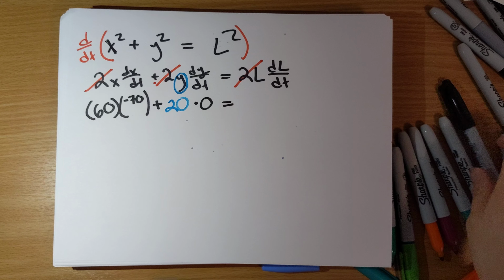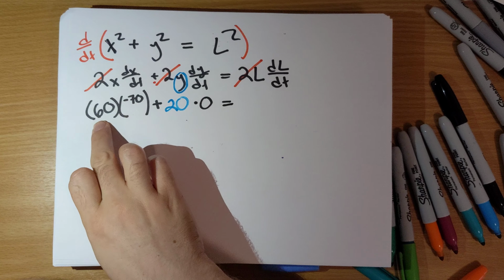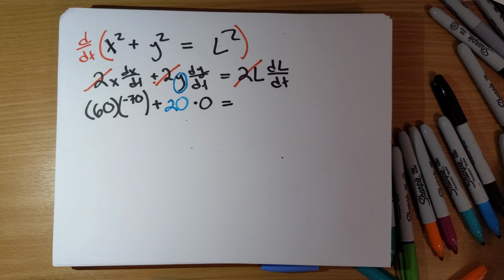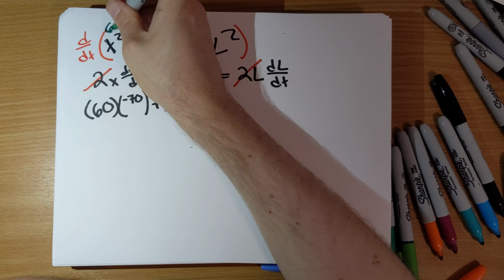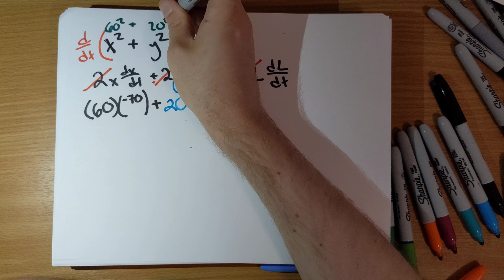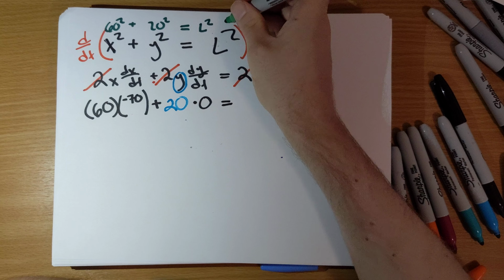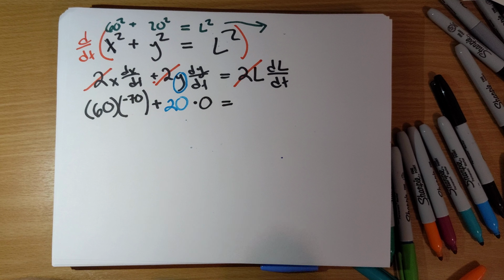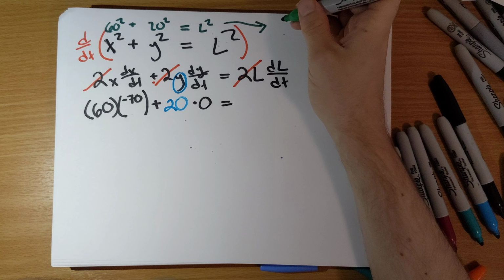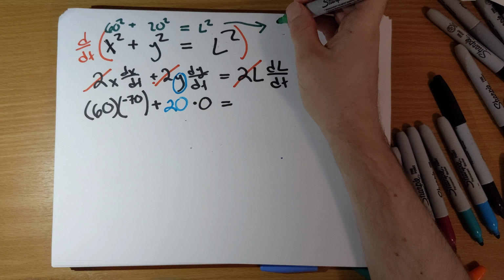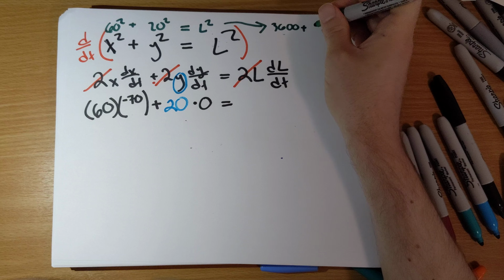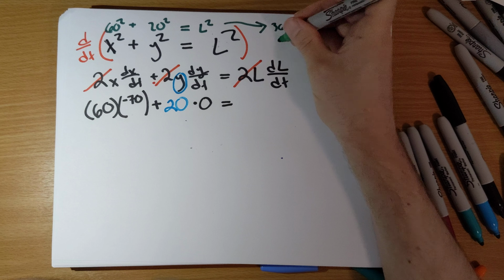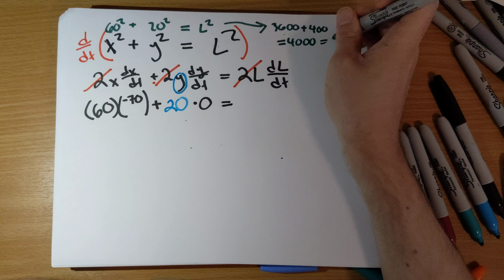And L, we can find L because we know x is 60, y is 20. So x squared is 60 squared plus y squared is 20 squared is L squared. 60 squared is 3,600 plus 20 squared is 400. So that's 4,000 is L squared.